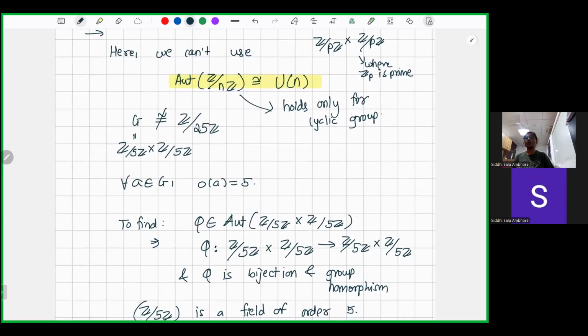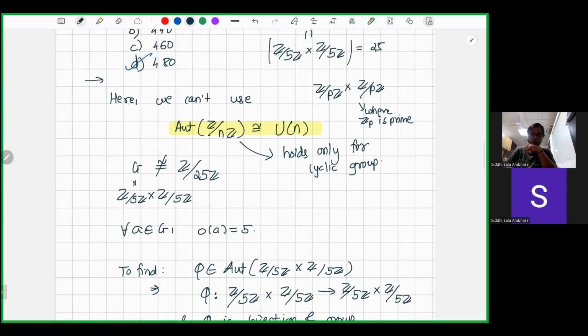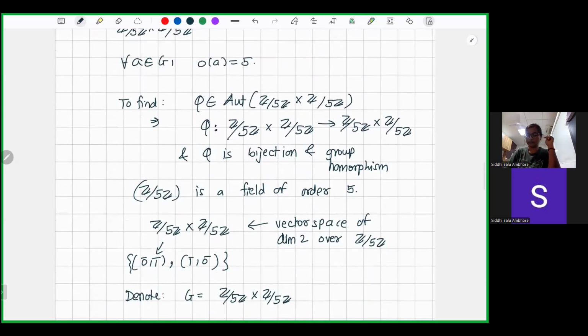And try to see what you can do in the case of Zn cross Zn. You can directly try to calculate a formula for this, that what will be the answer here.